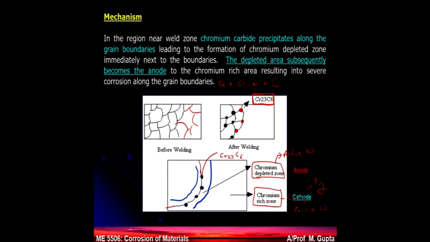So now, if I can do something with the phase, if I put it back into the solution, I can avoid the intergranular corrosion. So I can heat treat it. I can take the steel back to high temperature where this phase dissolves and there is no depleted zone, no rich zone, and there is no intergranular corrosion.